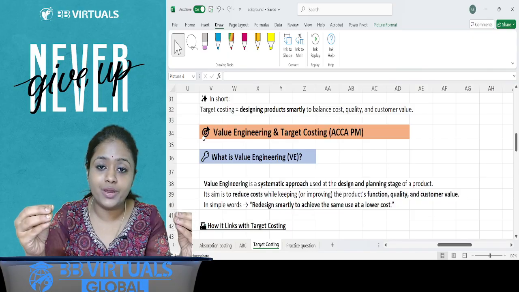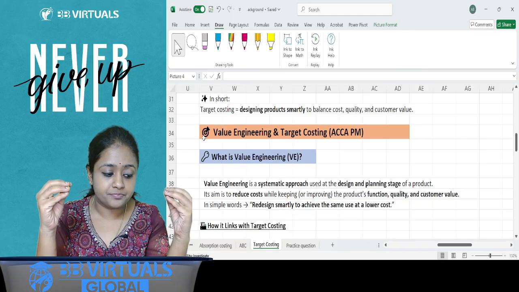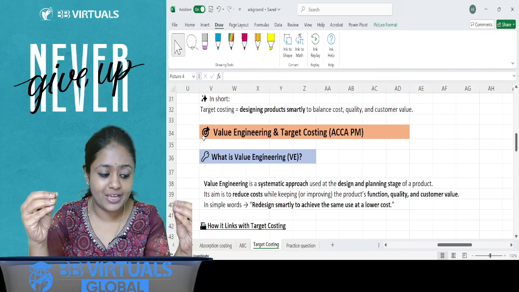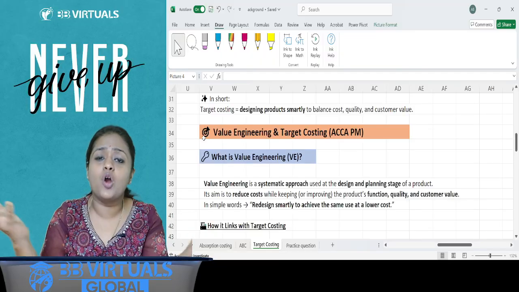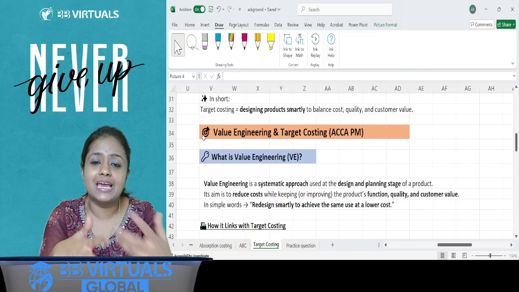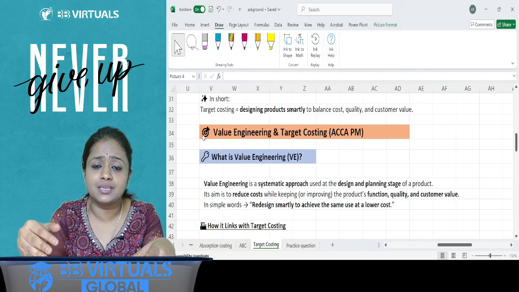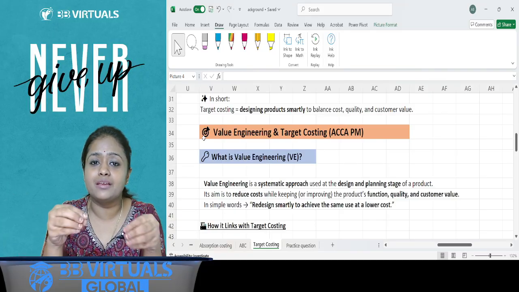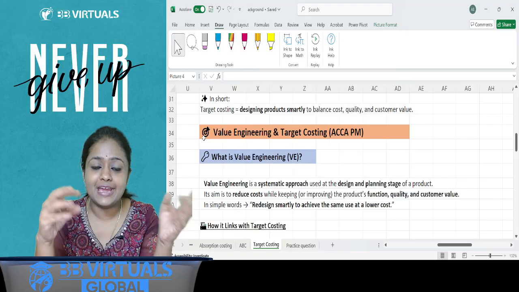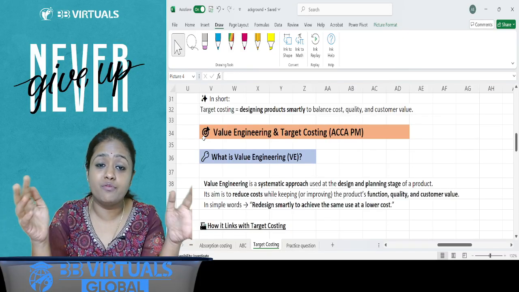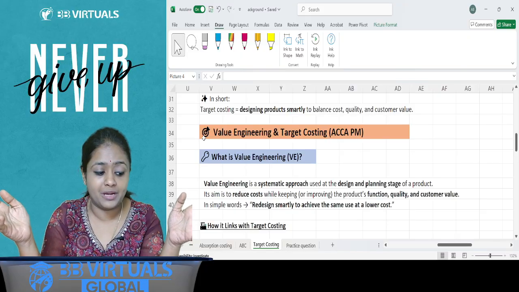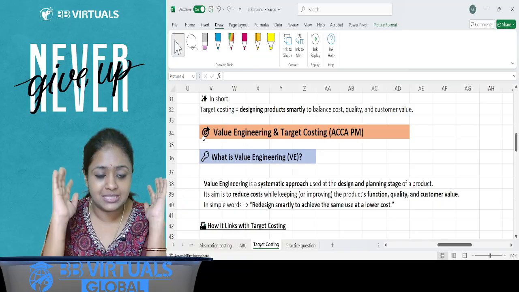And how would you do it? You would do it at the design phase, at the planning stage only. By redesigning a few items, removing the unnecessary cost, removing some items like maybe too much inspection, so you reduce that time. Too much time of the expert, which may prove to be at a higher cost, we would reduce it there.